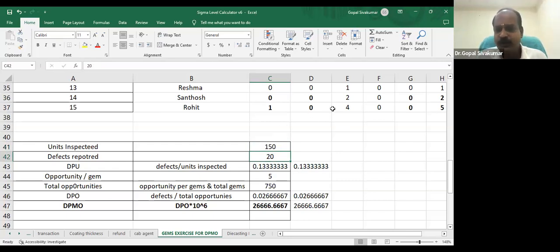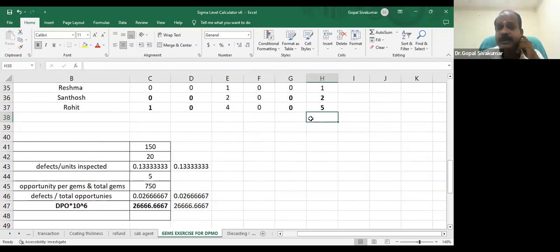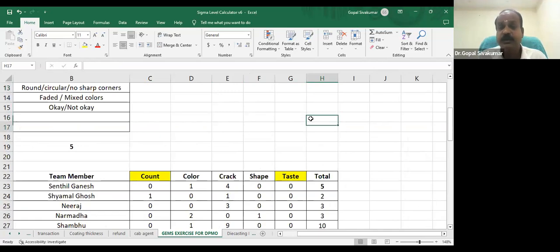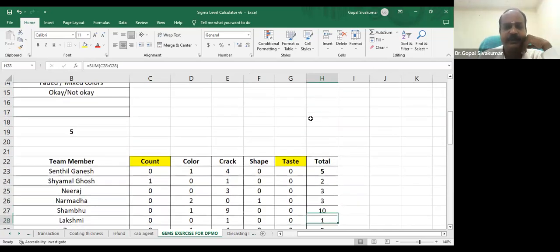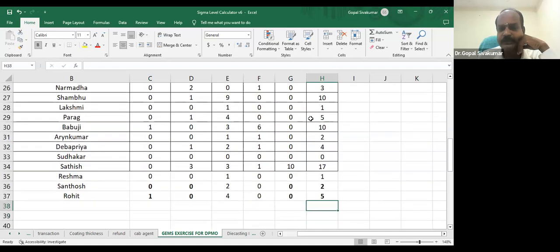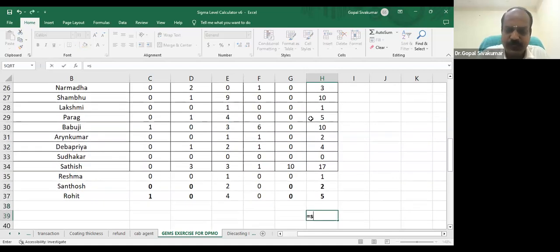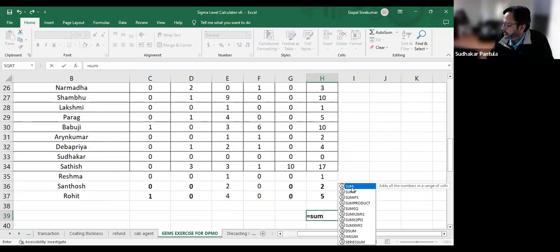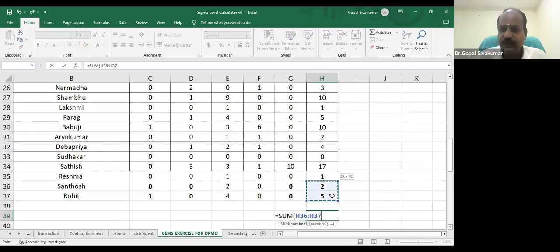Now, totally how many defects were reported? For that, I should go to the totals column. You can see the H column talks about the total defects reported. Sendil Ganesh reported 5, Shamala reported 2, and likewise. So what should I do now? Sum of all this data.